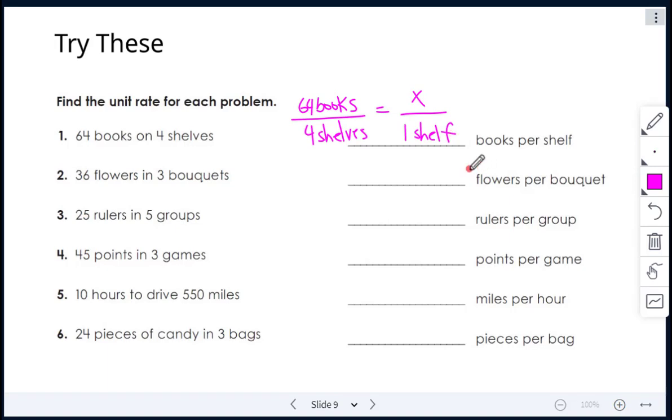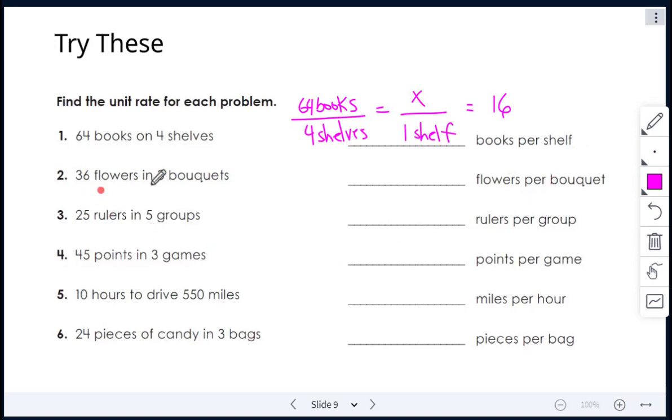You'll notice here 64 times 1 is just 64, then you're going to divide by 4, which is 16. 16 books on one shelf. So I'll just add to that here that it's 16 books per shelf.